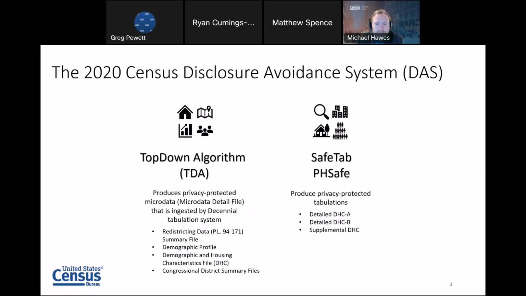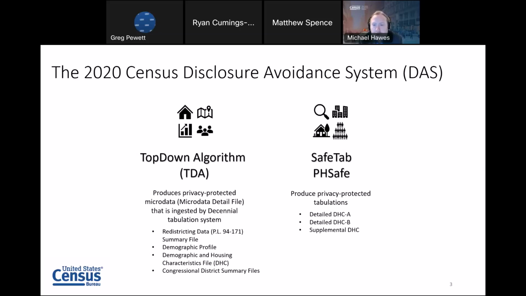Now, there's no one way to implement differential privacy. As I said, it's an accounting framework, not a method itself. So there are lots of different algorithms or approaches to algorithmic design that you can use within a differentially private framework. For the 2020 census, we use different sets of algorithms to protect the different data products that comprise the whole suite of 2020 census data.